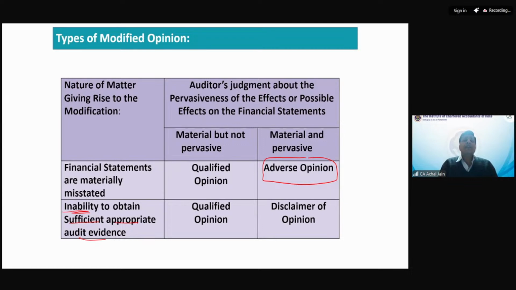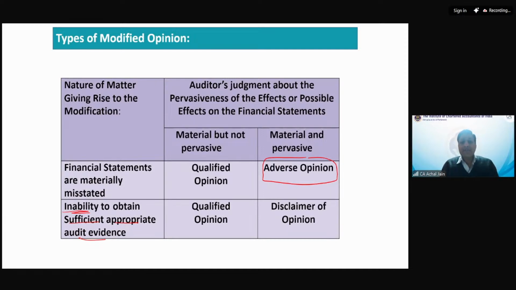Now, another point which we must also understand is that at times it may happen that during the course of the audit, a lot of information is not made available to the auditor, or the required support in terms of performing the audit is not provided.